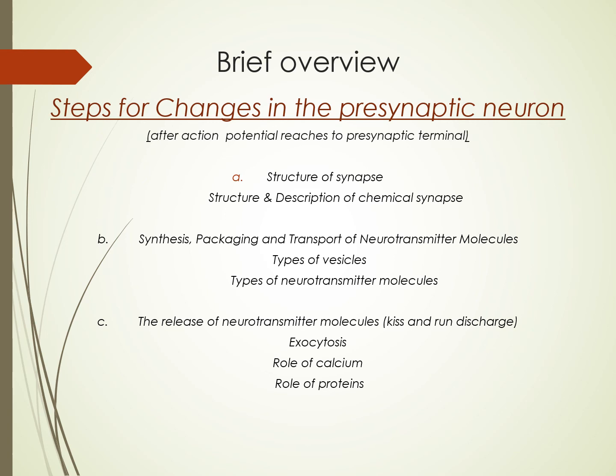Secondly, the synthesis, packaging and transport of neurotransmitter molecules. Within this point, we have already gone through the types of vesicles and types of neurotransmitter molecules. And finally, the third point is the release of neurotransmitter molecules, the entire kiss-and-run discharge process. Within it, we have already covered exocytosis and the role of calcium and protein.